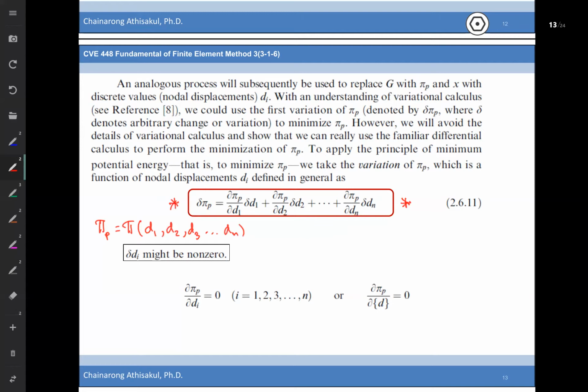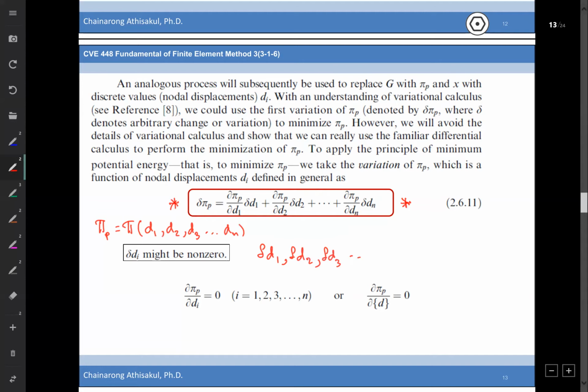But as we know, the variations of d1, d2, d3 and so on until dn are not equal to 0. If they are 0, we will obtain the trivial solution, which has no meaning.